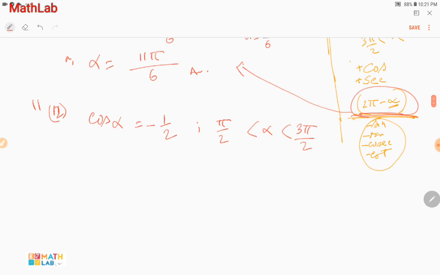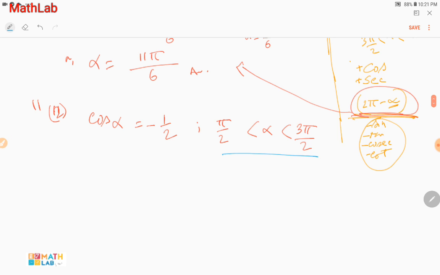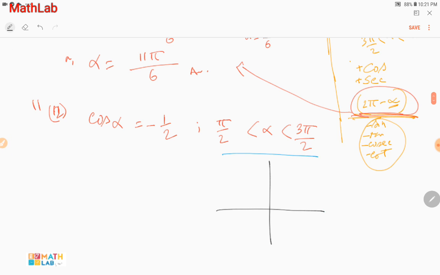Okay, so for this condition our quadrant will be pi by 2 to 3 pi by 2. So our solution region is the second and third quadrant.